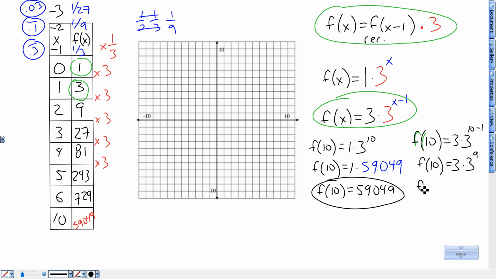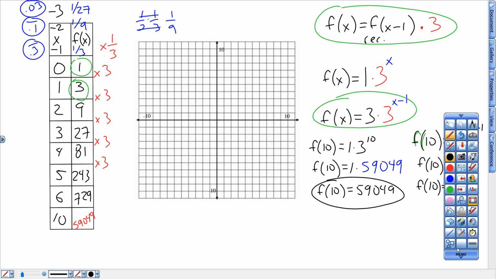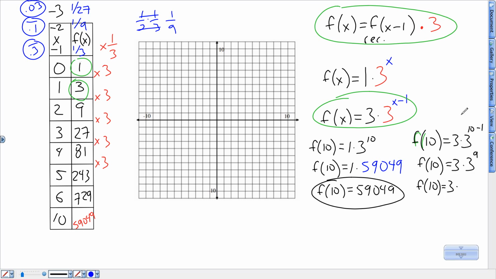Gives me the 10th term comes from me multiplying 3 times that value that got spit out, 3 to the 9th, 19,683. And when I times that by 3, gives me the same answer. The 10th value, 59,049. All right, now you need to know how to graph these.